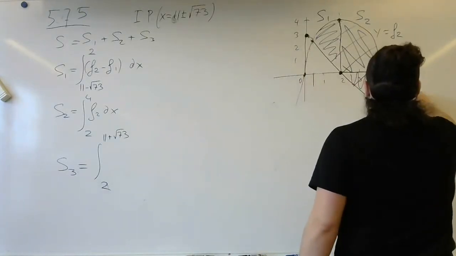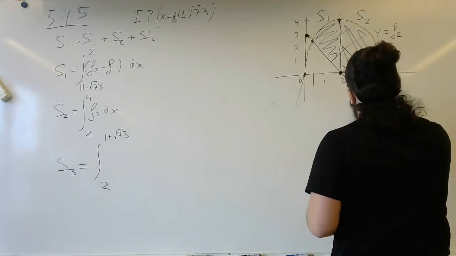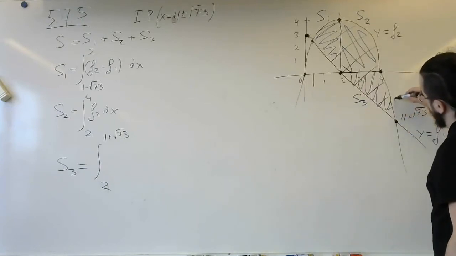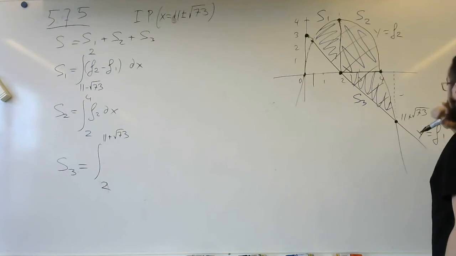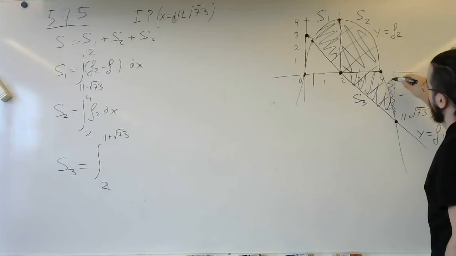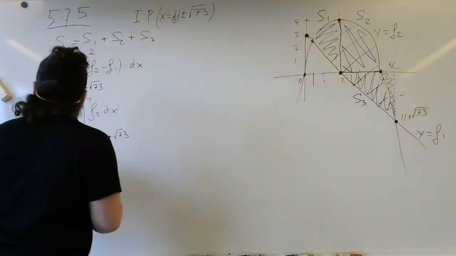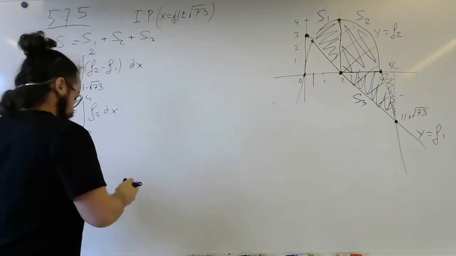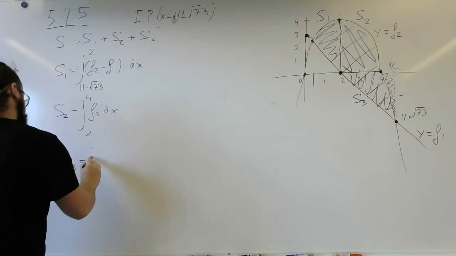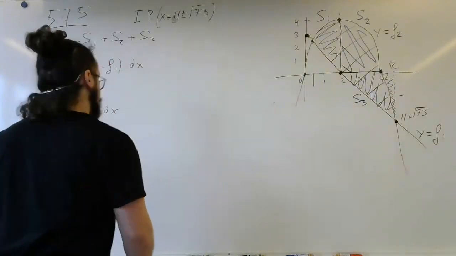Unless there is one little thing to consider here. That's what I'm going to call a reminder. What I'm going to do here, this is the integral from 2 to this thing right here.